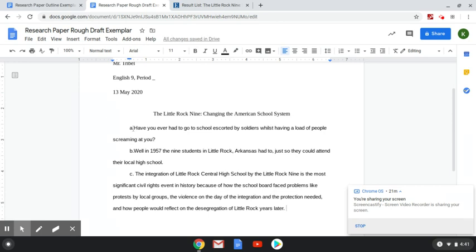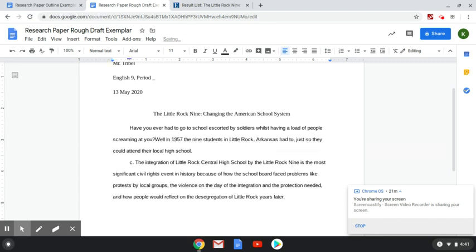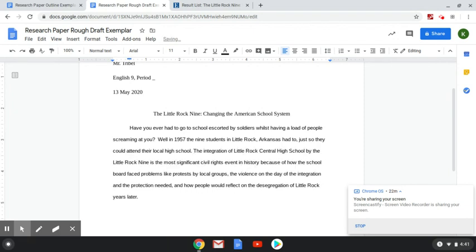What you have to do now is you have to delete those letters, right? So we're indented here, that's fine, but we got rid of the A from the outline. We got to get rid of the B from the outline. We got to make sure it's one paragraph now. So we got to reformat this. Get rid of the C. So this is our completed first paragraph. Now we're done with our intro. Press Enter.